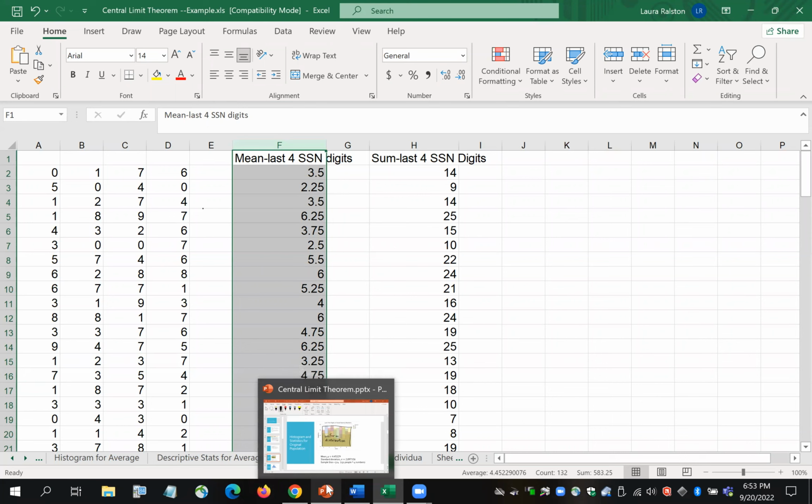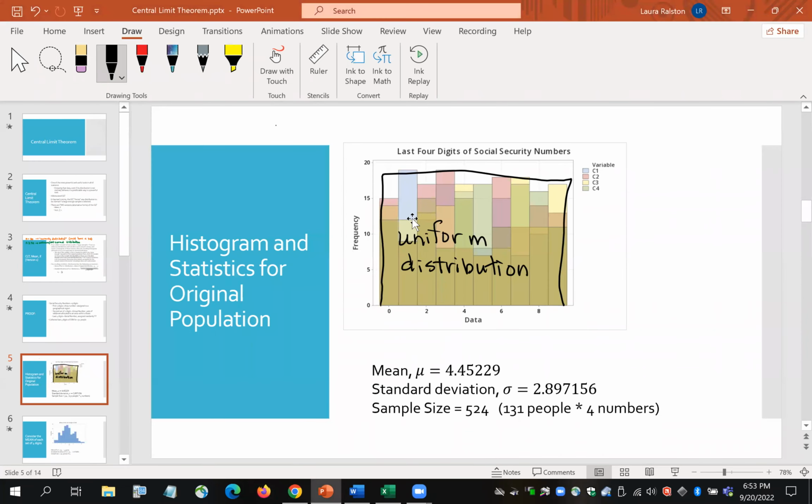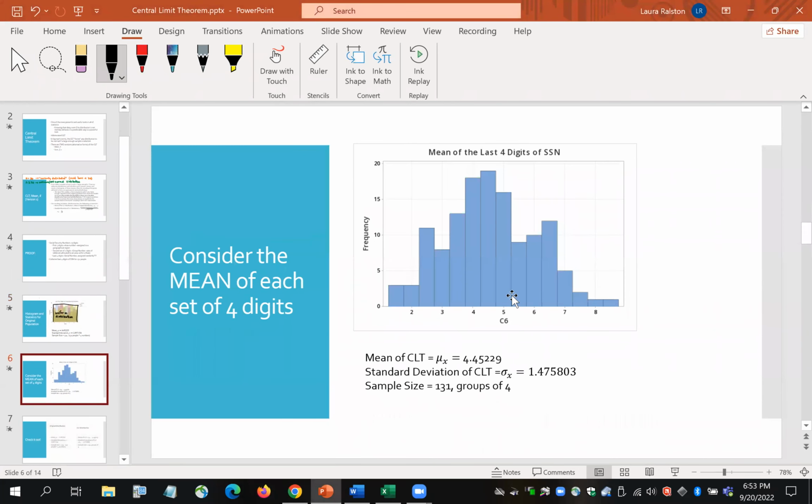If we look at the histogram of those means, which is what the theorem says, calculate the sample mean and then create a histogram. When I create the histogram, the original distribution was uniform. The distribution of the mean is normal. Now again, it's not a perfect normal distribution, but guys, it's pretty darn close. You get that bell shape.